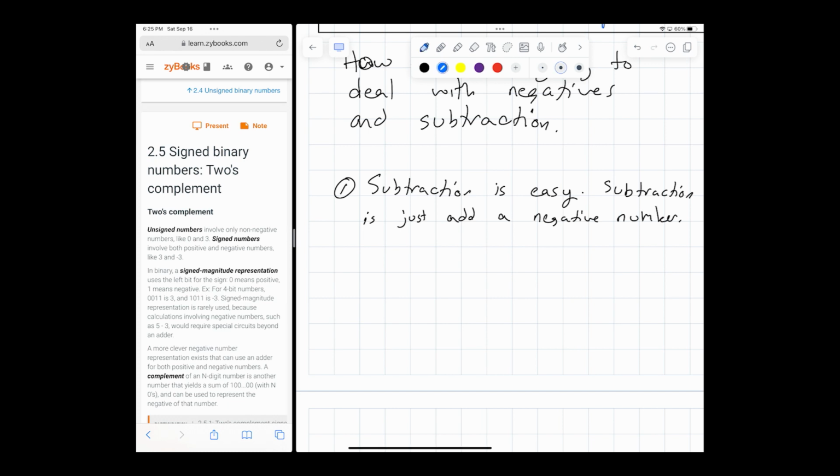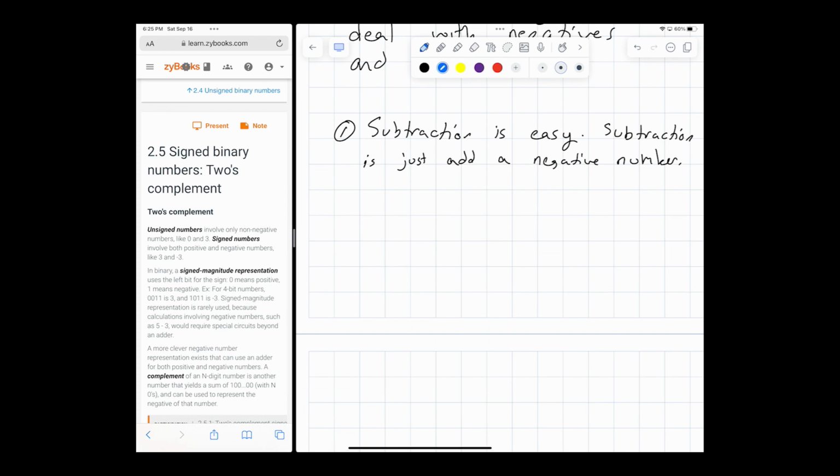Right? So you know this from many math classes, right? Like if I say, what is 19 minus 7, right? Okay, what's 19 minus 7? Oh, I don't know how to subtract, right? If you forget to subtract, it's the same thing as 19 plus -7, right?